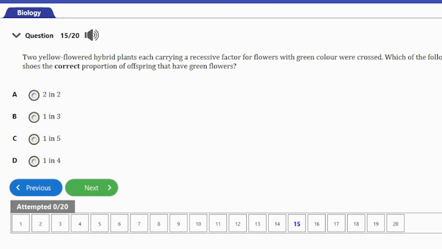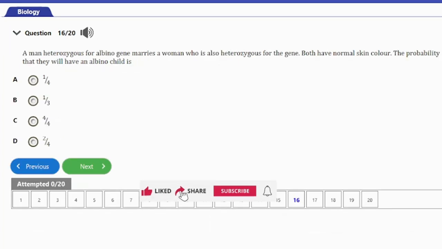So in that case, it means that in every 4 you will always have one green colored plant. That's their probability anyway. So 1 in 4 is the answer to this question, and that's it for that question. So we have question number 16 here, guys.